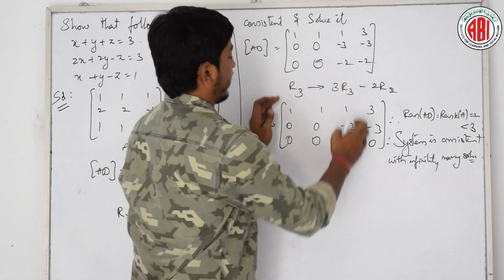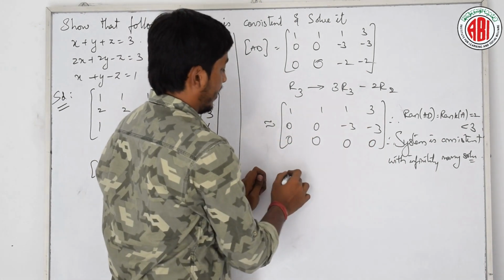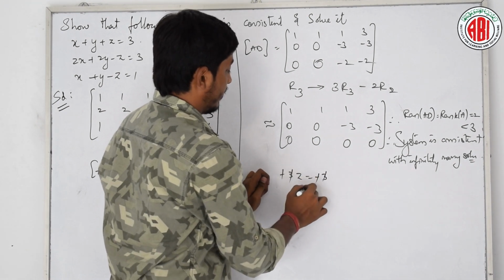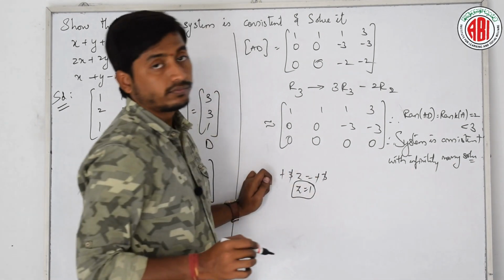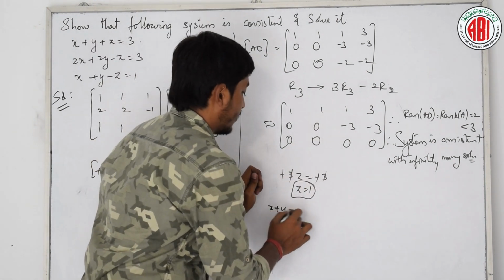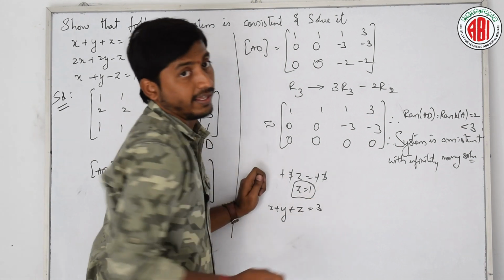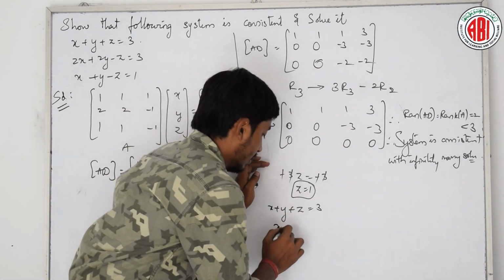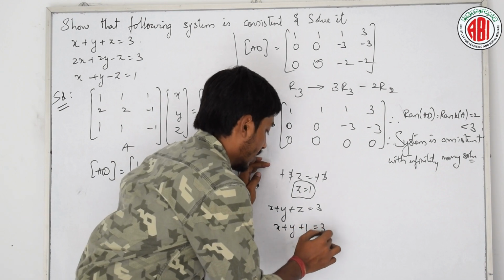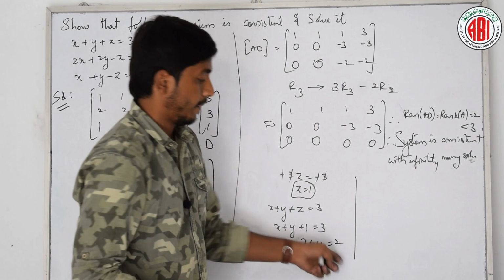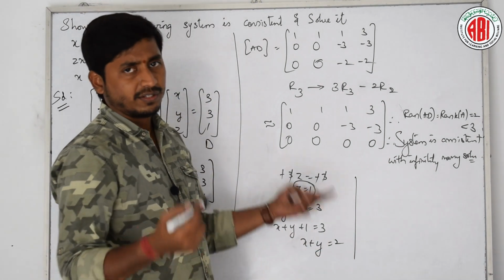See here, if this is x, y, z, then minus 3z is equal to minus 3, from which I get z is equal to 1. Is it right? Then what about the first equation? x plus y plus z is equal to 3. If z is 1, what about x plus y?